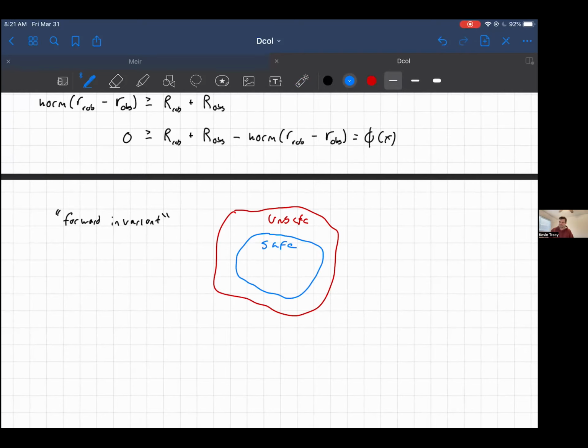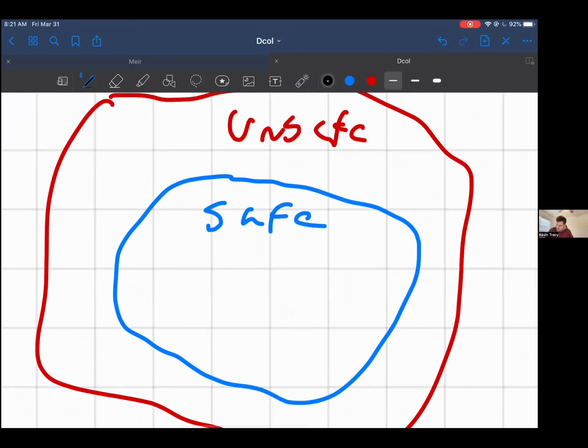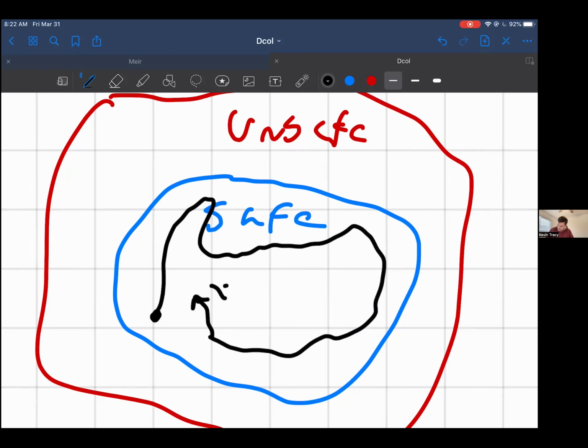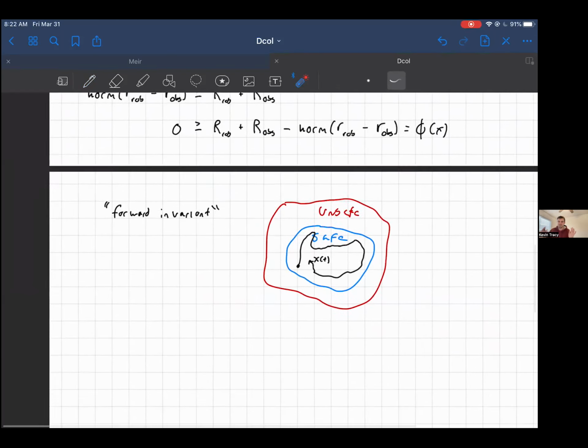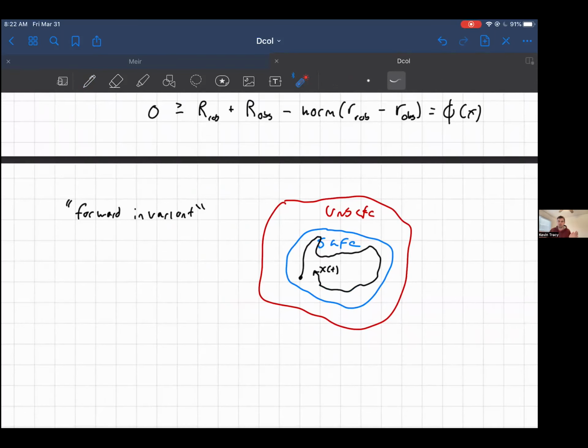Forward invariance just means that once I put my system inside the safe set, it will always stay inside the safe set. So the whole idea with control barrier functions and the math behind them is that I want to modify my control inputs such that, assuming I'm already in the safe set, if I keep modifying these actions in a certain way, I will always stay in the safe region. There's a huge amount of math that they dress this up with, but the main idea of forward invariance is just: once I'm in the set, I'm staying in the set.